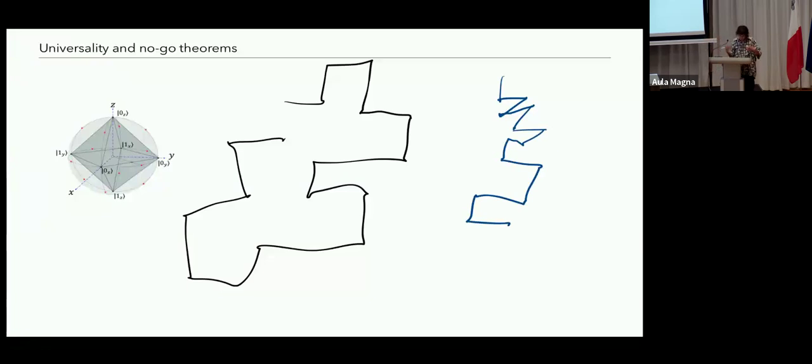And that's the intuition why we need something that doesn't lie on these vertices of the octahedron, to approximate any unitary rotation, like approximating real numbers with rational numbers.